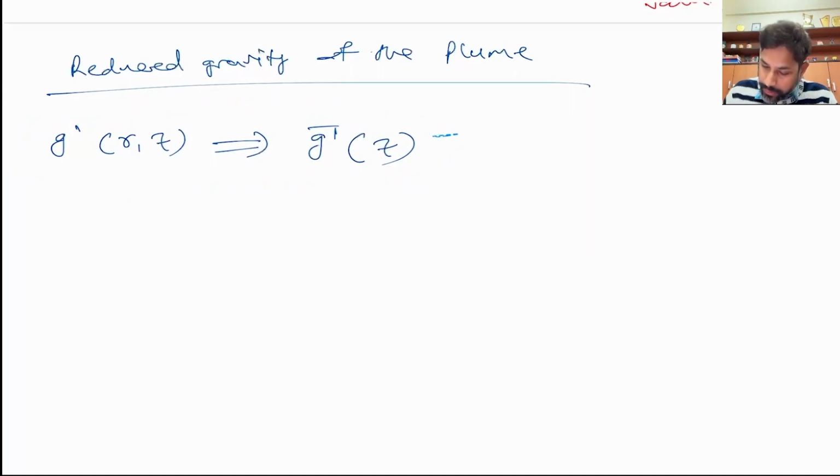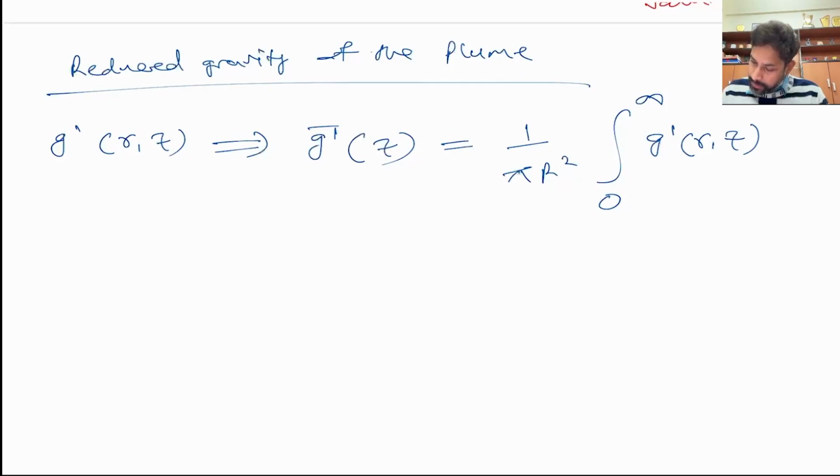Okay, so what we will do here, we will assume that this is equal to 1 by pi r square integral 0 to infinity g prime r z, which is again multiplied with 2 pi r dr. Okay, so similar to volume flux, if we know g prime value at particular r and z, we can integrate and that will give us g prime bar. But now we have found only the vertical velocity but not g prime value at individual r and z value, and that's why we'll use another approach to find g prime bar.